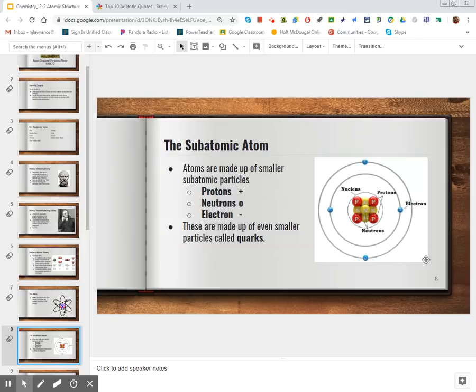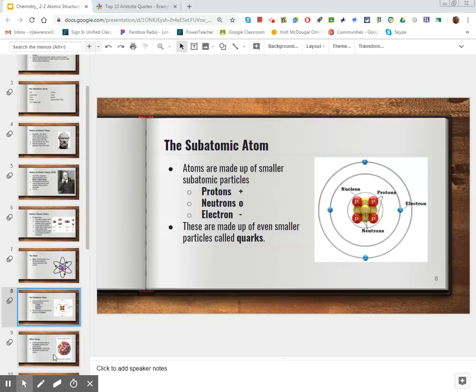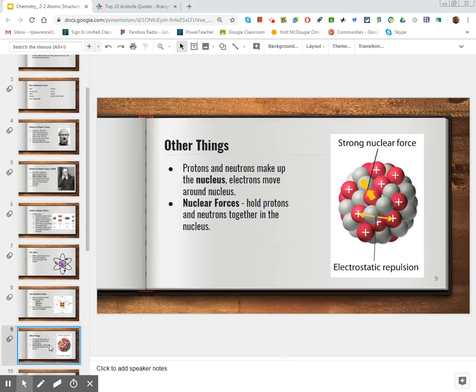It all is used to explain the same idea that these electrons are moving rapidly around the center of a nucleus. And we have even learned recently in science and chemistry that these subatomic particles are made up of things called quarks. And we know now there are 6 quarks, and we've even identified and labeled those 6 quarks, but that's getting a little bit too deep for Chemistry 1. But pretty cool stuff.